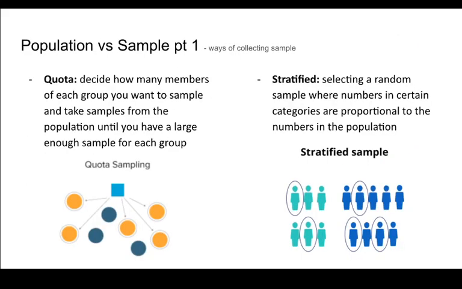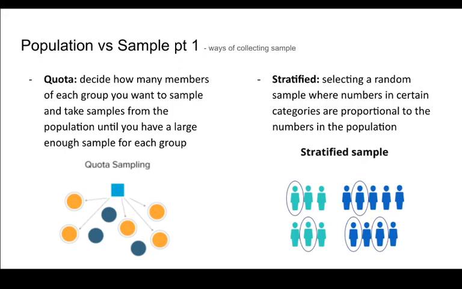Then we have quota. Quota is when you try to make sure that the sample has the proportions of your population. Let's say you have males and females, 55 and 45% respectively. If you want to collect 100 samples, then 55 of the sample is going to be filled with males, and the remaining 45 will be filled with females.